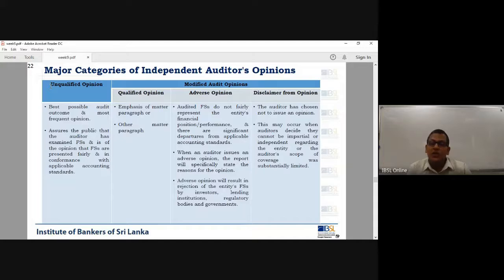When an auditor issues an adverse opinion, the report will specifically state the reason for the opinion. There is not too much to explain; these are standard formats.